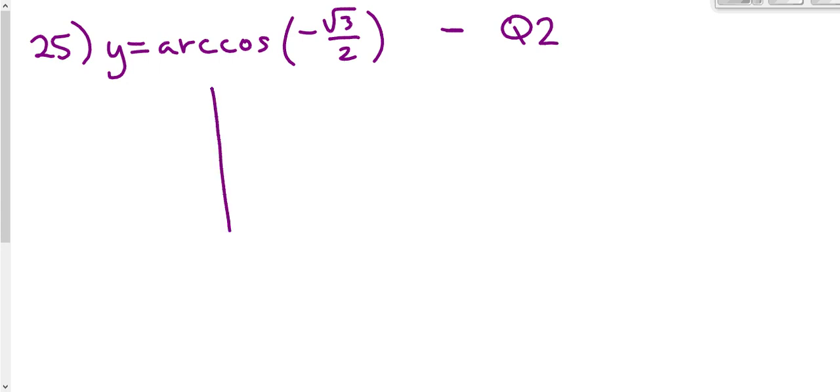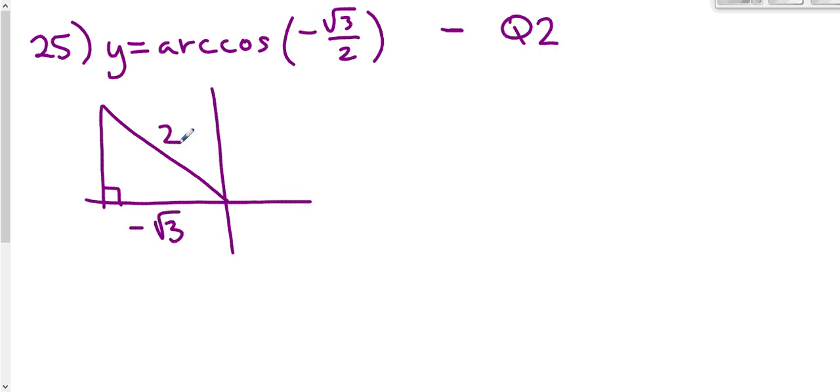All right, so we draw a reference triangle in quadrant 2. We can put a square root 3 on the adjacent and a 2 on the hypotenuse. So hopefully we realize that that is a 30-degree reference angle. And so we have 150 degrees for our angle if we were answering in degrees, but convert that into radians and we get 5 pi over 6. 150 degrees is 5 pi over 6 radians.